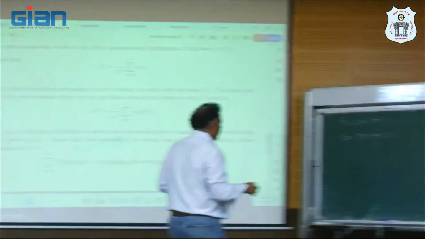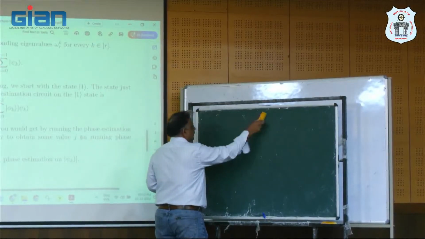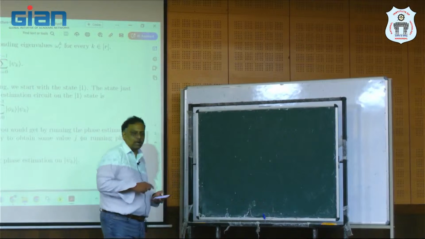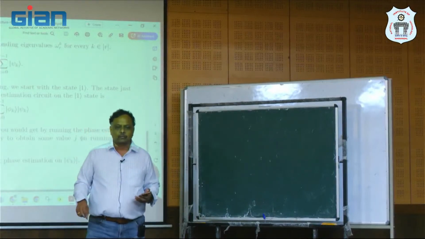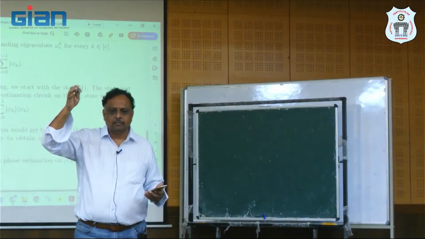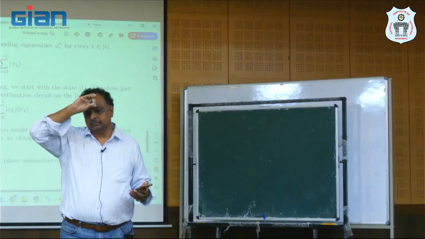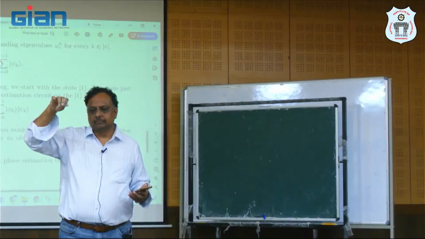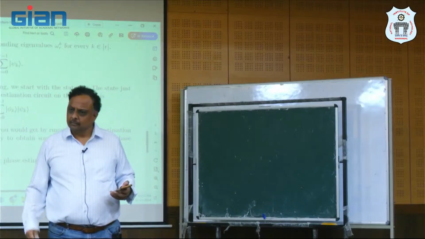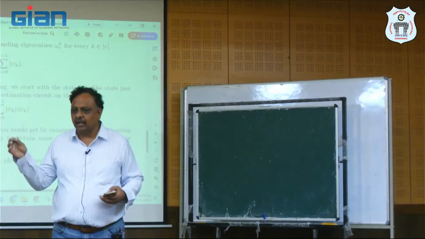Let's run it on another example. Let's say the GCD of 18 and 21. What is the GCD? 3.